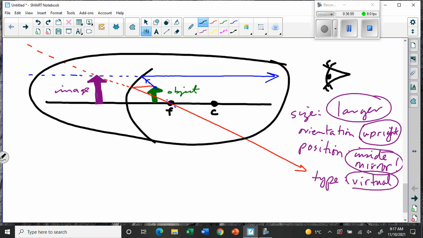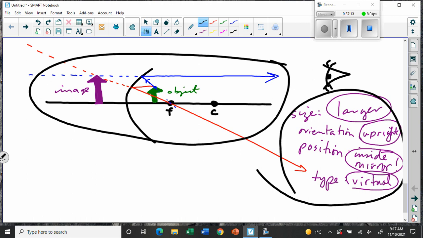I would say, draw a sketch that shows the image in a converging mirror if the object is inside F. And you would have to start and draw all this and show that you know the rules and draw the lines and get the image. And then you would have to list these characteristics of the image. So memorizing them helps when you're drawing so you know what to expect. But you can't just rely on memorizing them if you don't know how to draw the image. So you have to practice both.